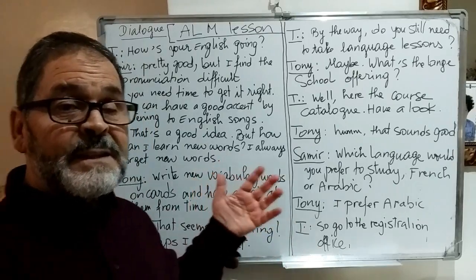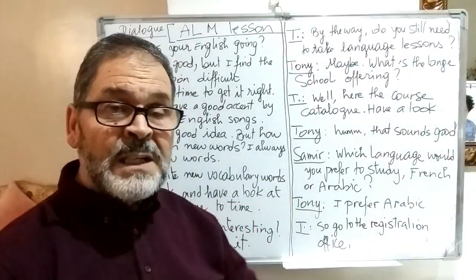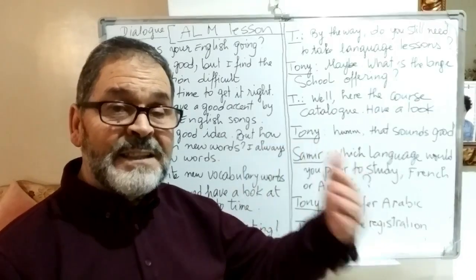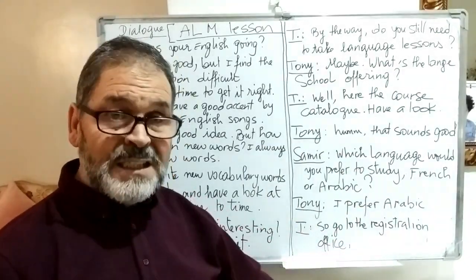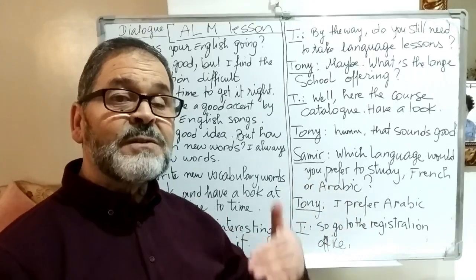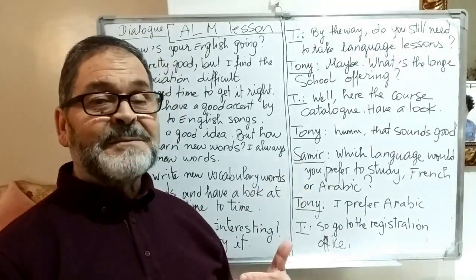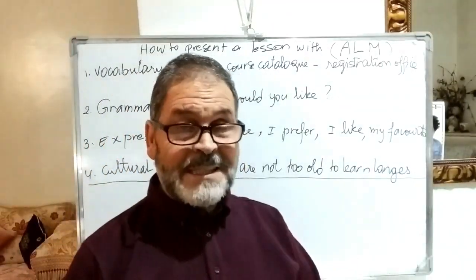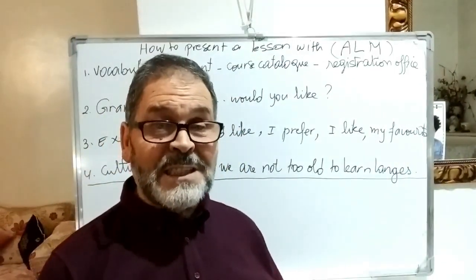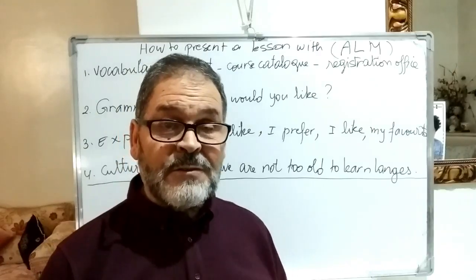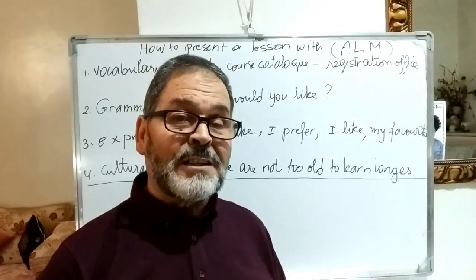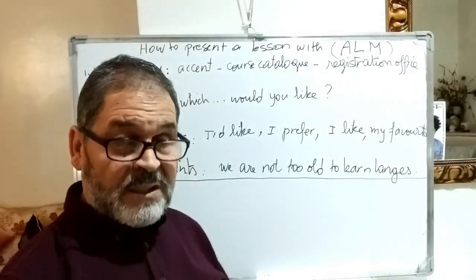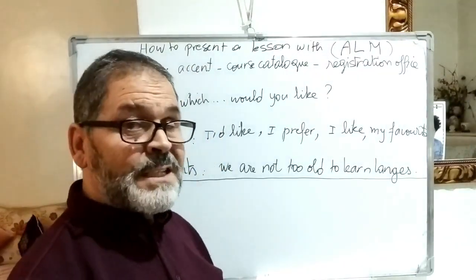So this is the dialogue we are going to teach, and we are going to see how we plan the activities and tasks through the audiolingual method. So after selecting a text to teach, we select, of course, the vocabulary that we are going to teach and the grammatical structures, if there are any in the text, as you see on the blackboard.